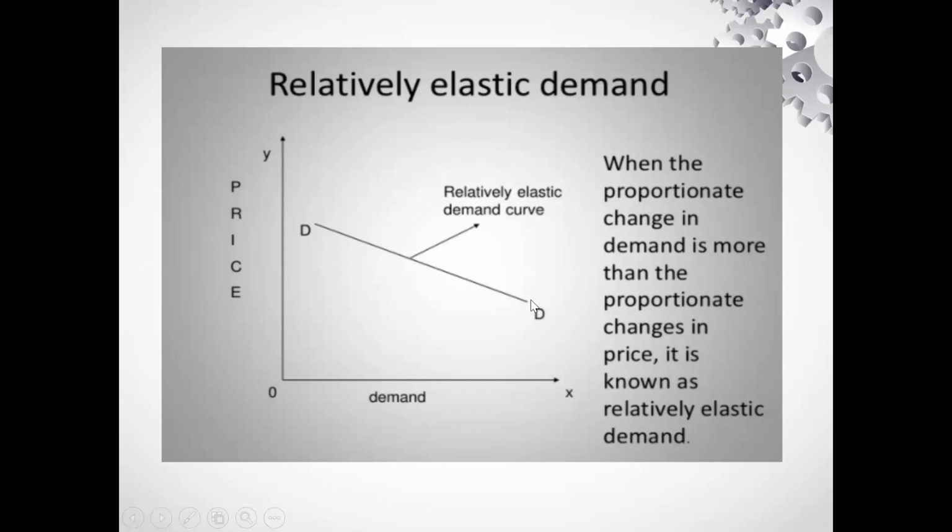So here, if there is a slight change, any proportionate change taking place in the demand and the price, then that is considered as relatively elastic demand. Am I clear?